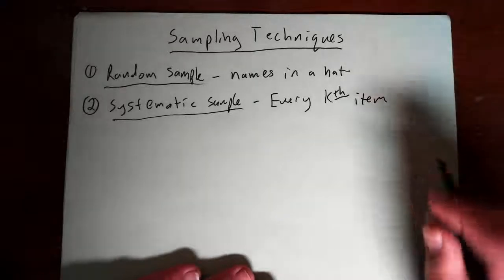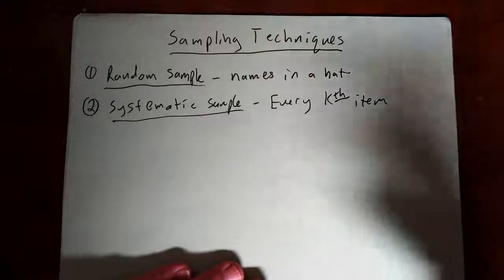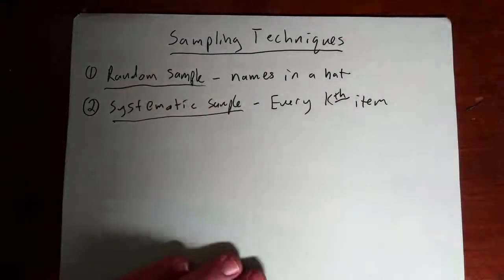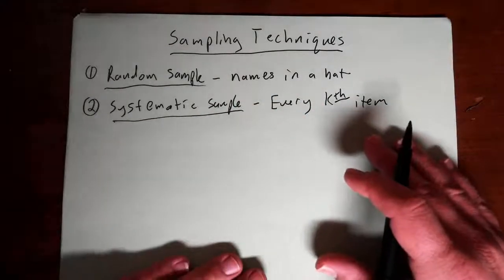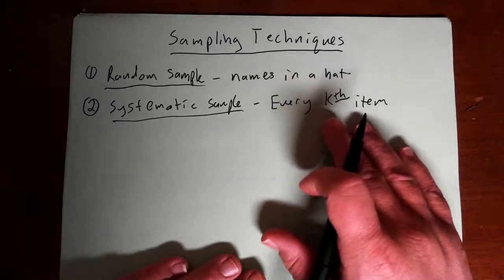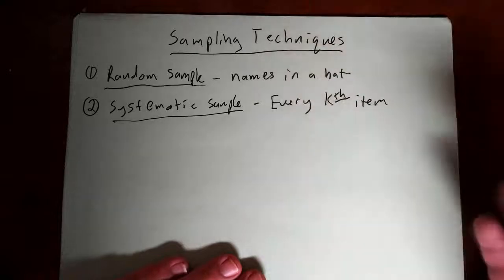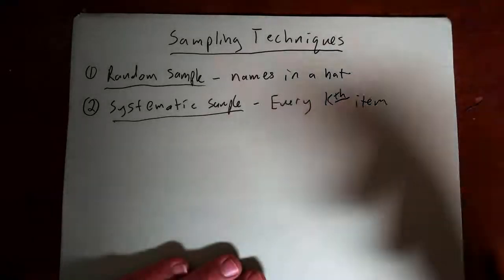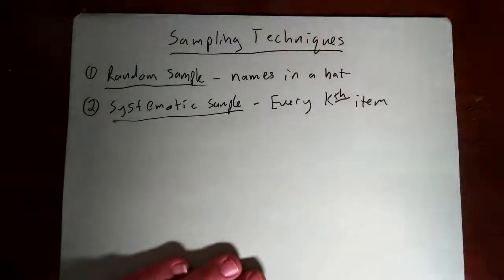This is kind of like maybe you're testing parts as they come off an assembly line, and you're going to take every 10th part and test it. The reason this is random is that a lot of times K, every kth item, you randomly select that number, so you have the numbers from 1 to 20 in a hat or whatever, and you randomly draw out one of those, and then it'd be like whatever number.